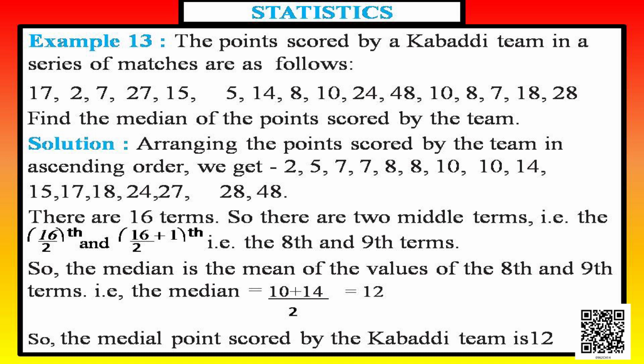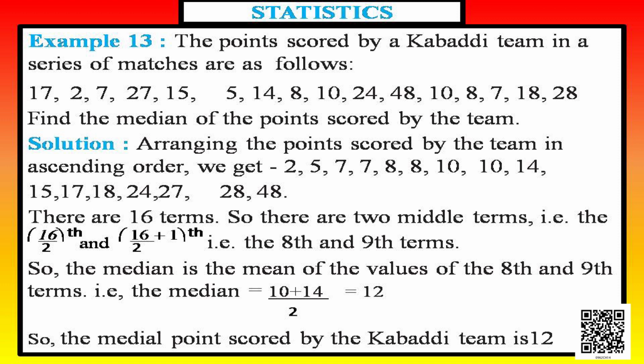The median is the mean of the values of these 2 terms. So, the median will be 10, which is the 8th term, and 14, which is the 9th term. (10 plus 14) by 2 is 12. So, the median point scored by the Kabaddi team is 12. Hope you all have understood the example.